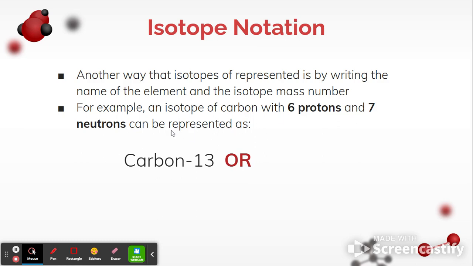So thus we can express this isotope of carbon by noting it as carbon-13. The name of the atom, which is carbon, followed by the mass number of the atom, in this case 13. Both of these ways are valid in expressing the isotope notation of an atom.